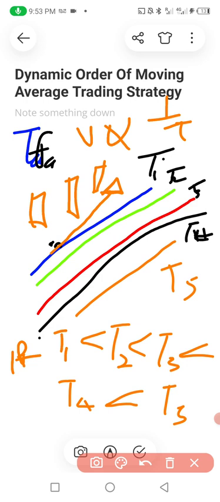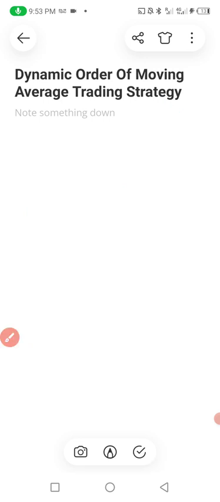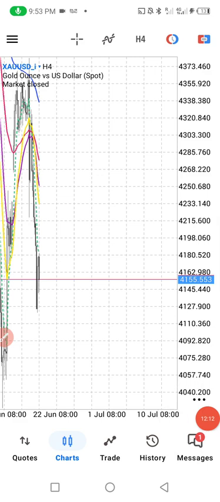Okay, we are going to go to the chart for practical, so that you can see how this makes sense. Remember in the beginning of this video I said that there are two types of orderliness: ascending and descending orders.